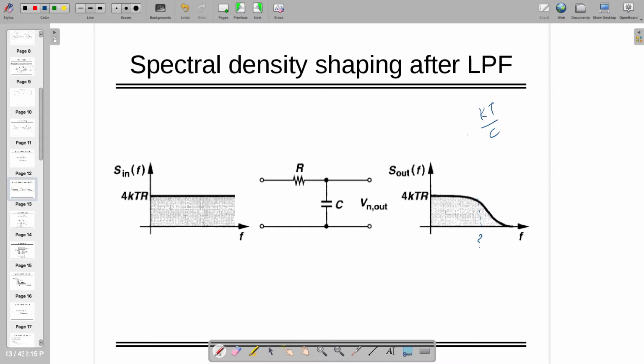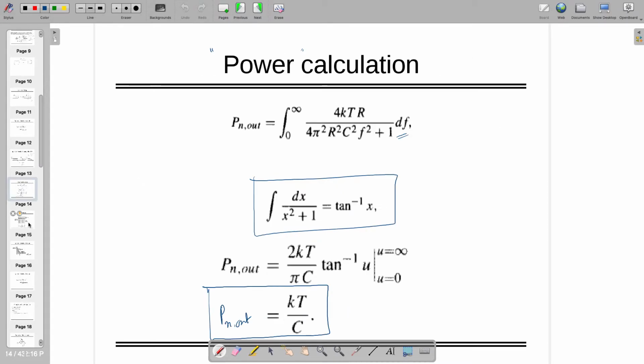This is the reason why whenever there is a switched capacitor circuit, or any circuit whose lumped or distributed model is RC, the noise of that one will be kt by c if you are operating at very high frequency. So you are going to see kt by c noise. That's why at high frequency this kind of noise is also known as kt by c noise, right? Just keep this in your mind.